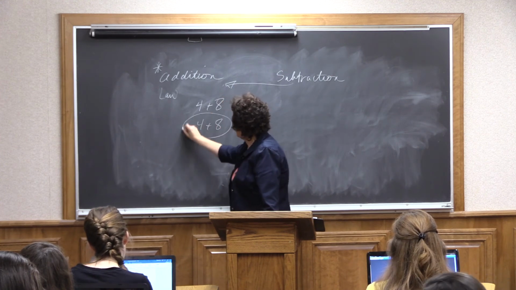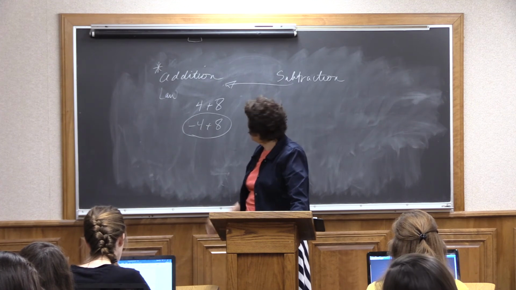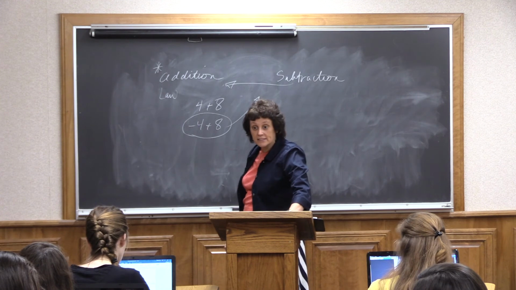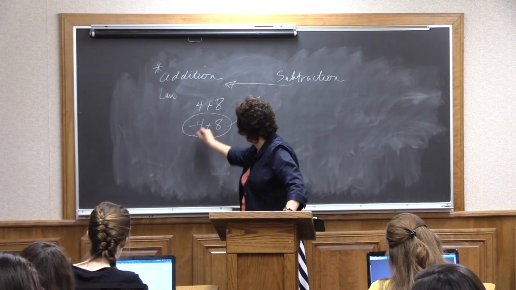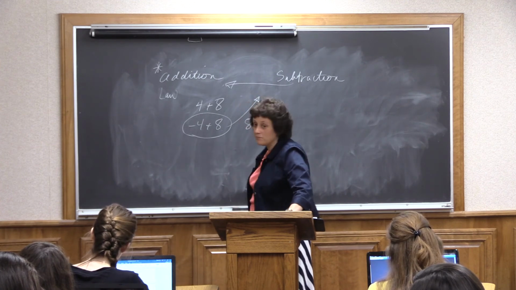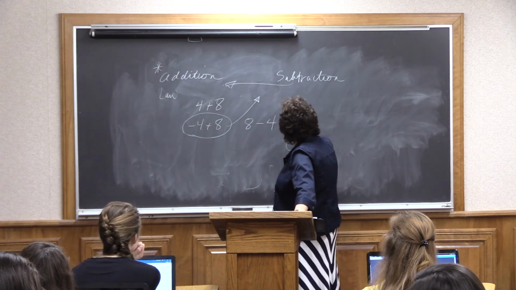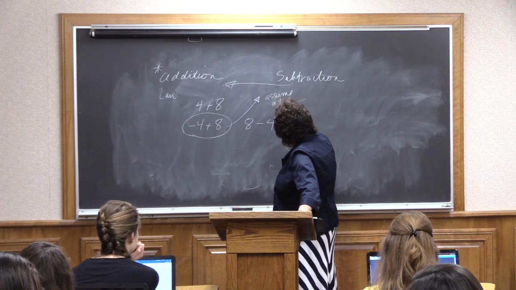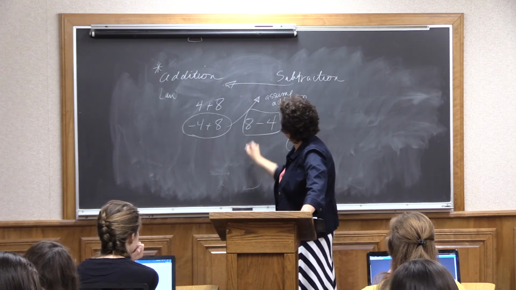When I get to unlike signs, I can't add them. It violates the law. What do I actually do? I subtract and take the sign of the larger. I have to subtract this. And if I've done my job earlier with my number groups, when I assume addition and I use the operation of addition, I can reorder this.